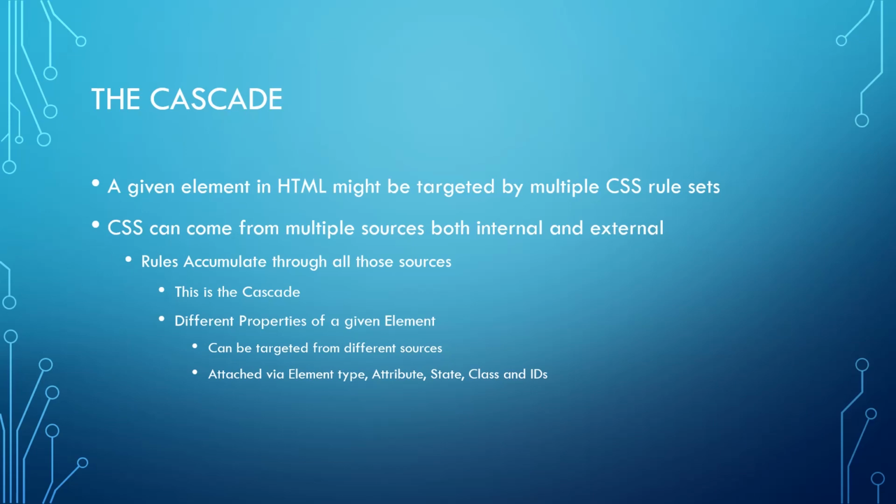So the cascade means the rules accumulate through all those sources. As the browser goes through and pulls in those CSS, it parses it and cascades the rules down. So for different properties of a given element, let's say the paragraph tag, in one rule set you could define the font weight, and in another rule set you could define the text color. That's all fine.